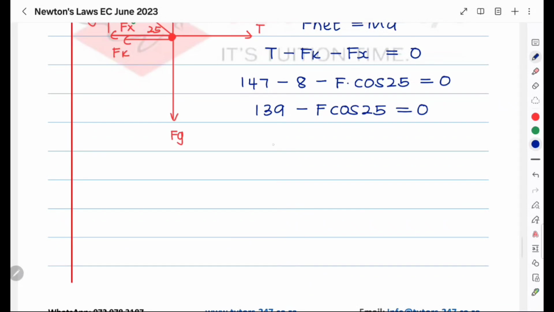We can move 139 to the other side, making it negative F cos of 25 is equal to 139.